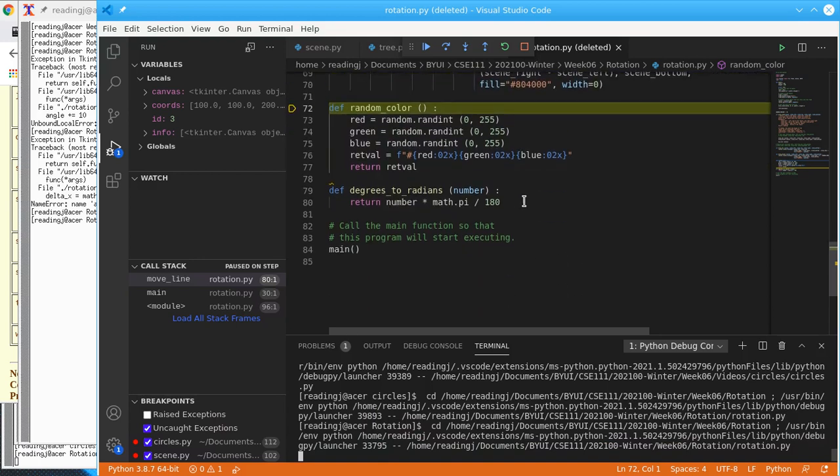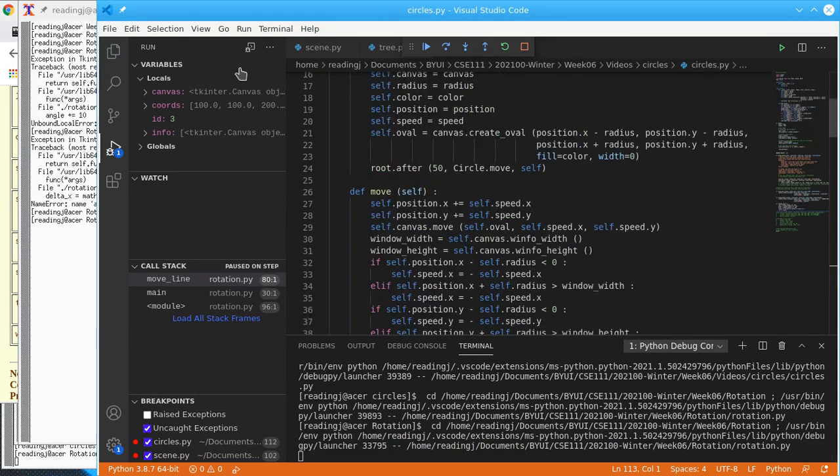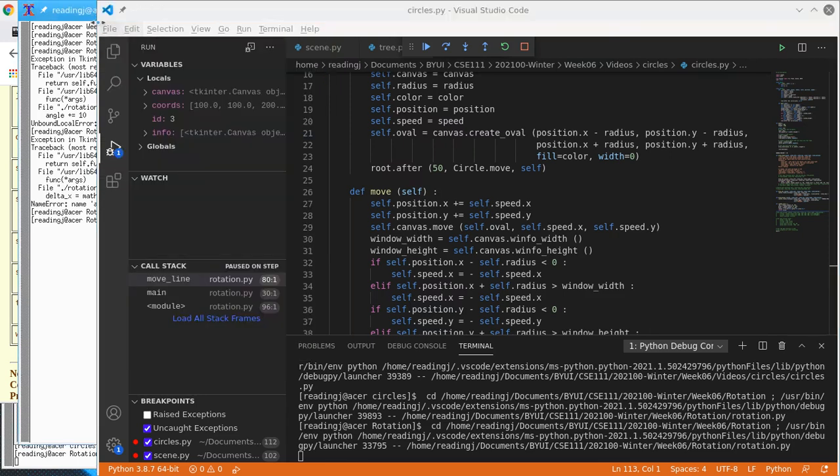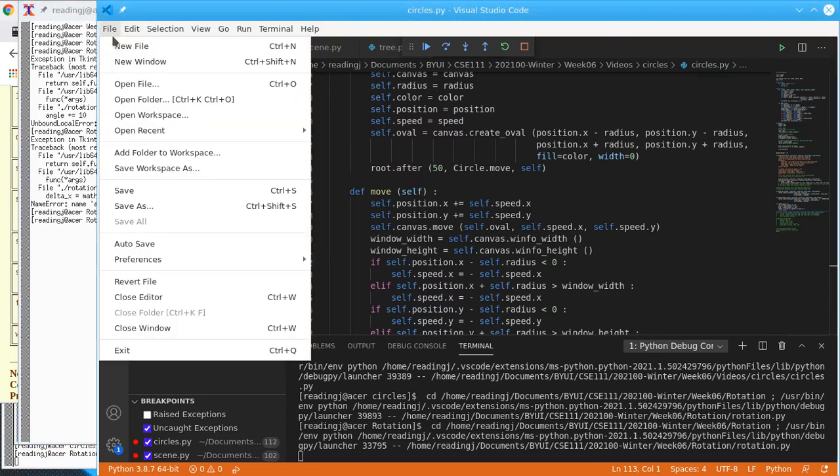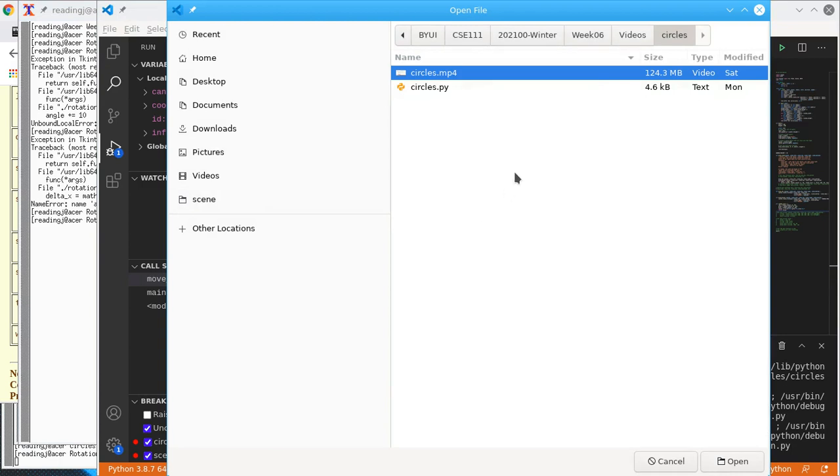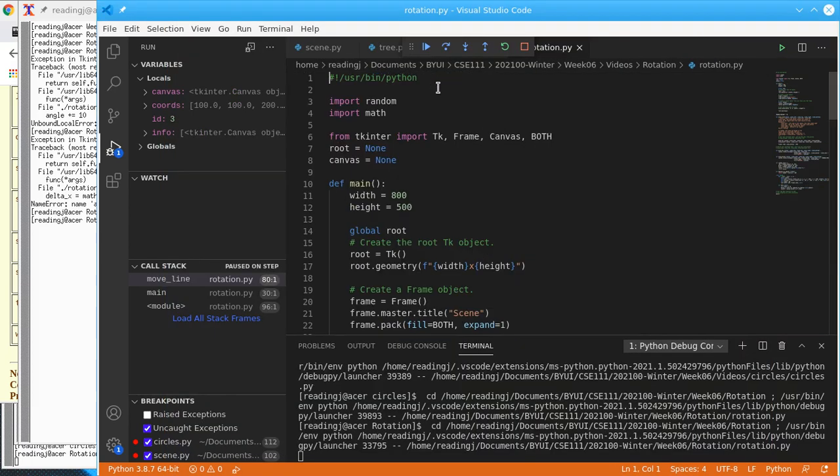And for some reason this didn't... Oh, that got deleted. No wonder it's having troubles finding it. File. It used to be in a different location. Videos, rotation, rotation.py.